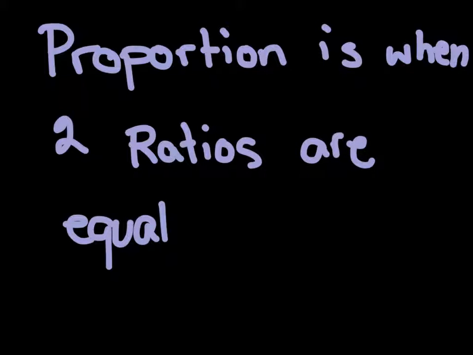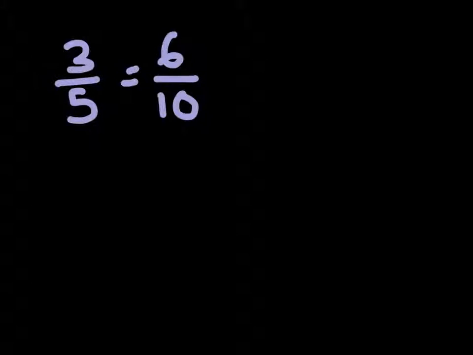Alright, so I showed you guys in the last slide what a basic example is in variables. Let's do something with numbers. So let's say we have 3 over 5 is equal to 6 over 10. Okay? And we want to check if this is proportional.